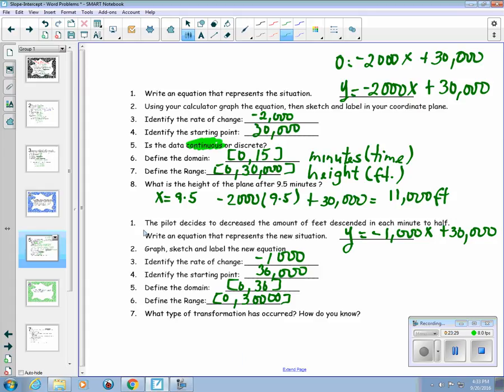Very good. How do you know? Slope is what? The rate of change is half of what it used to be, right? Rate of change is half. Okay?